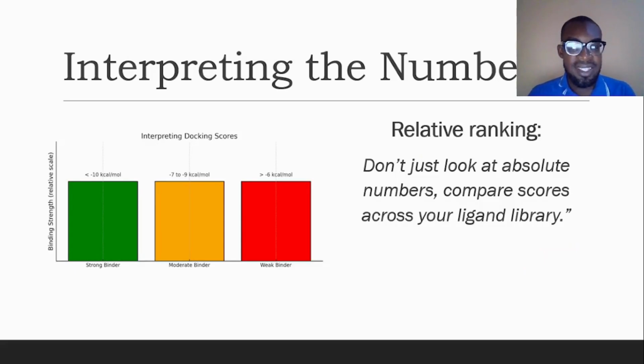Now, the next thing to understand is how you can interpret the results you've gotten. Like I told you, the more negative the value, the more likely that you have a strong interaction. On a general note, when you have values less than -10 kilocalories per mole, it shows that you are having strong interactions between those two molecules.